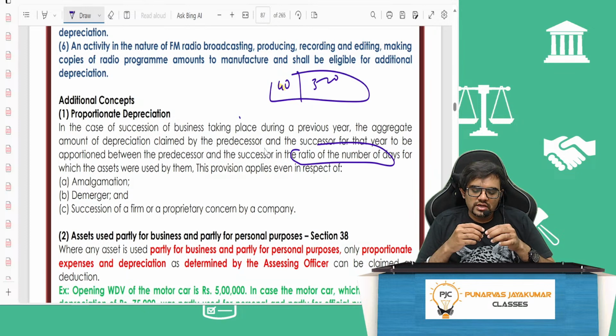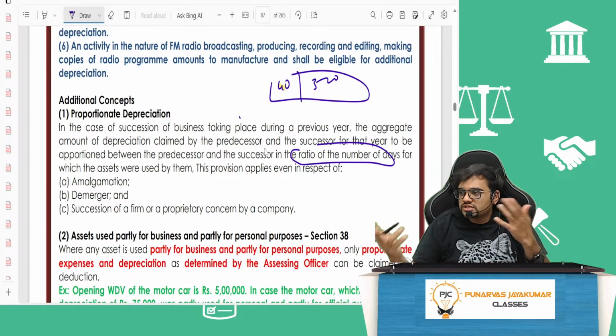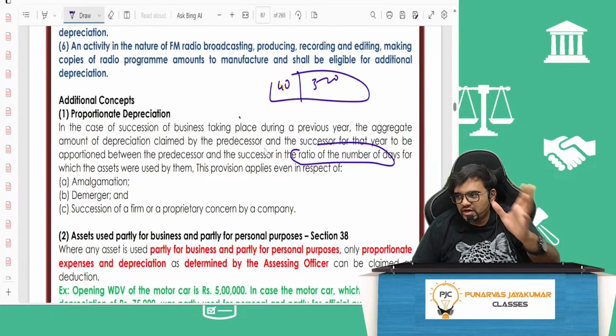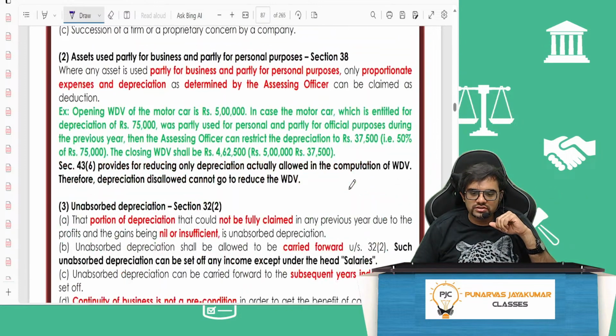Simple. And if the asset is used partly for business and partly for personal purposes, let's say I'm using a car 50% for business and 50% for personal purposes, you take the full rate of depreciation, but then restrict it based on the usage.